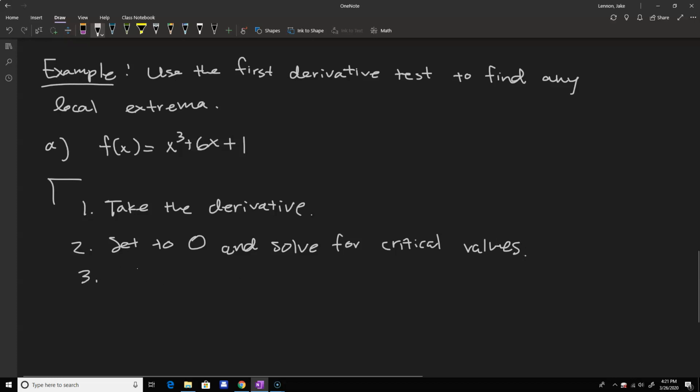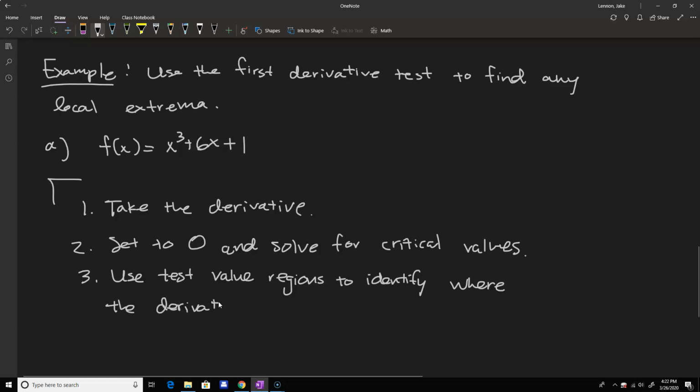Step 3, we want to use test value regions to identify where the derivative is positive or negative.